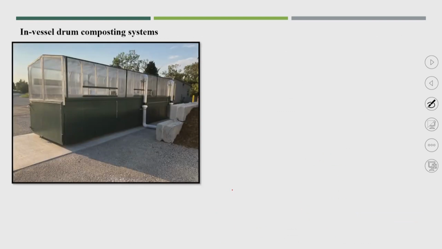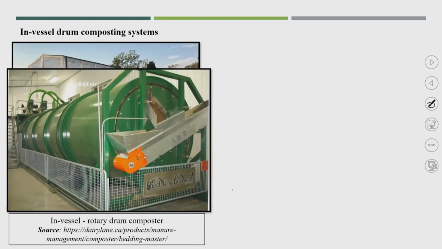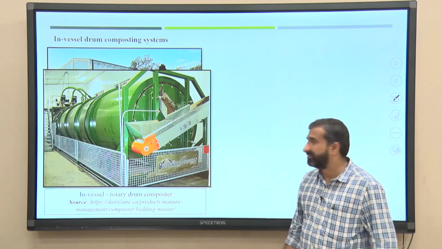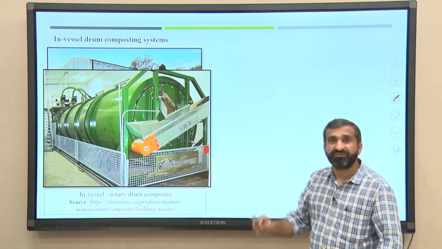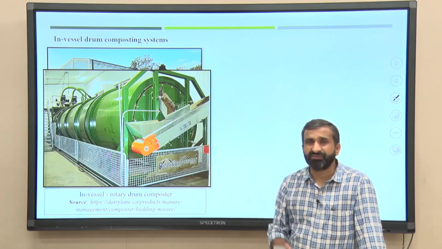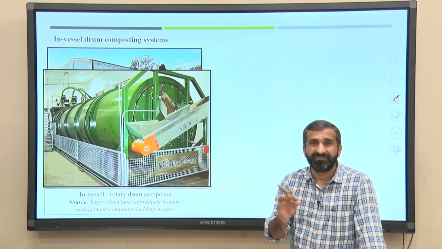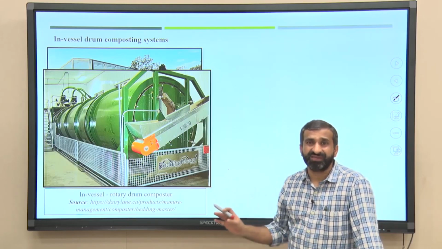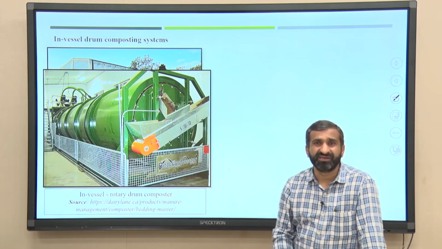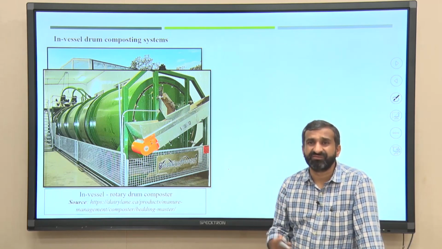This is another kind of in-vessel drum composting system. So, there are a number of private companies, especially in the European countries, that started designing different ways of in-vessel composting. And why I said the European countries, because there the climatic condition is not that good for the degradation process. Their temperature will be maximum 20-25 degrees centigrade, so their degradation is not very fast.